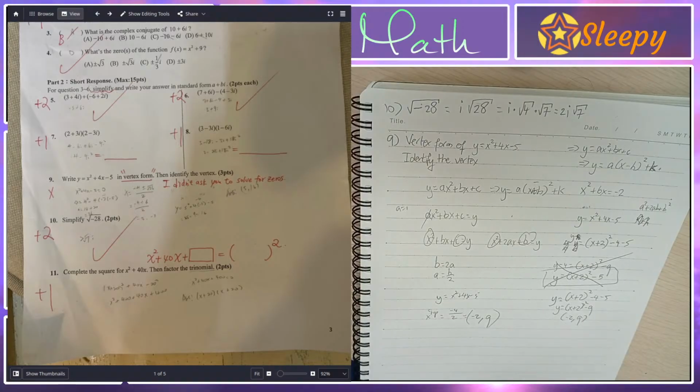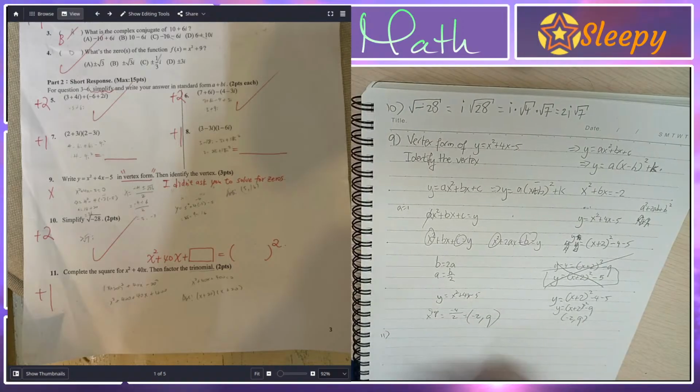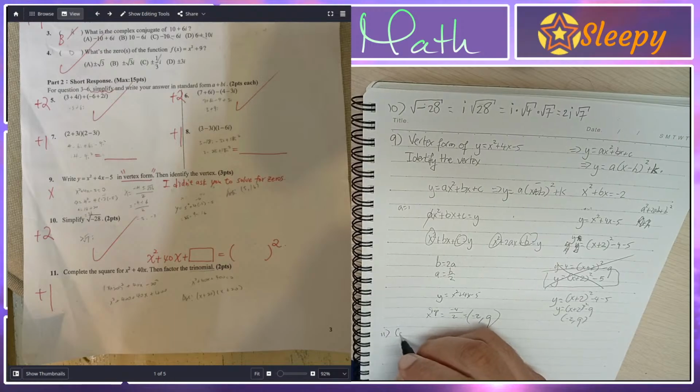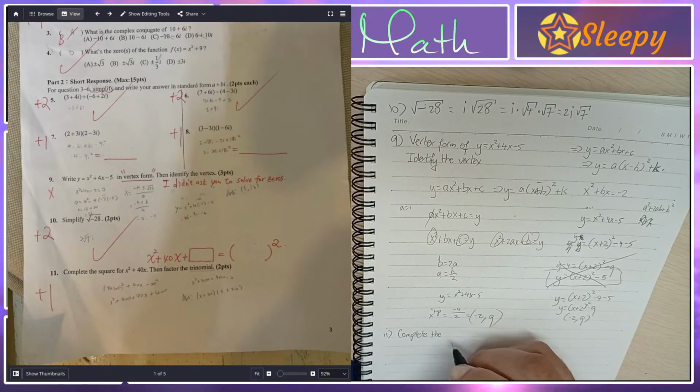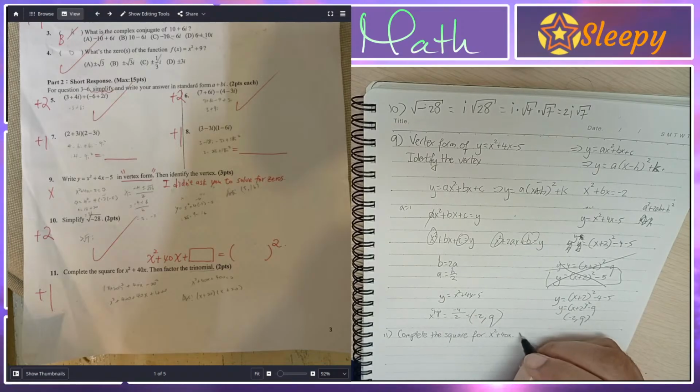So complete the square for x squared plus 40x, then factor the trinomial.